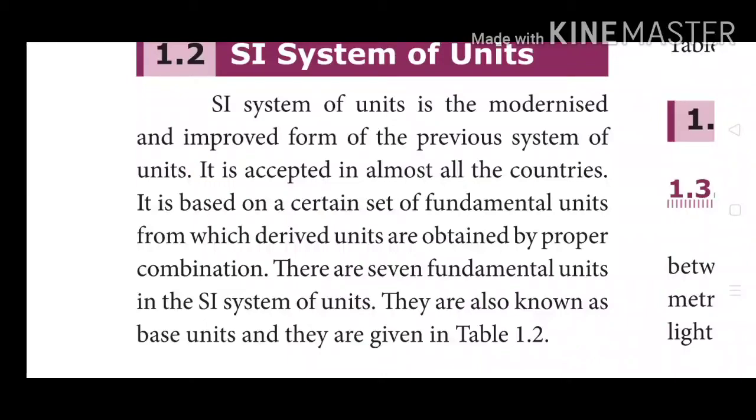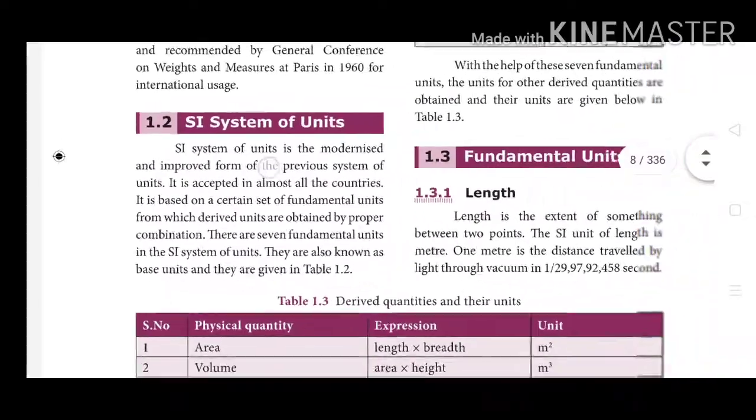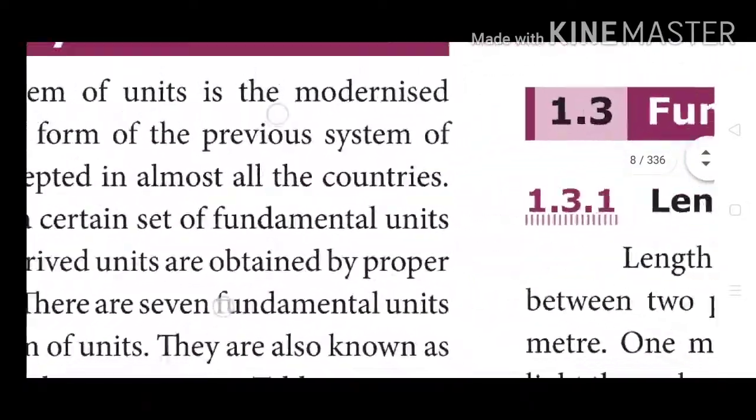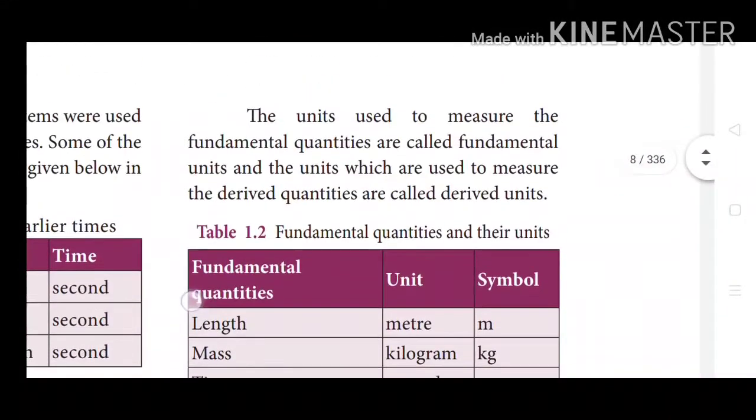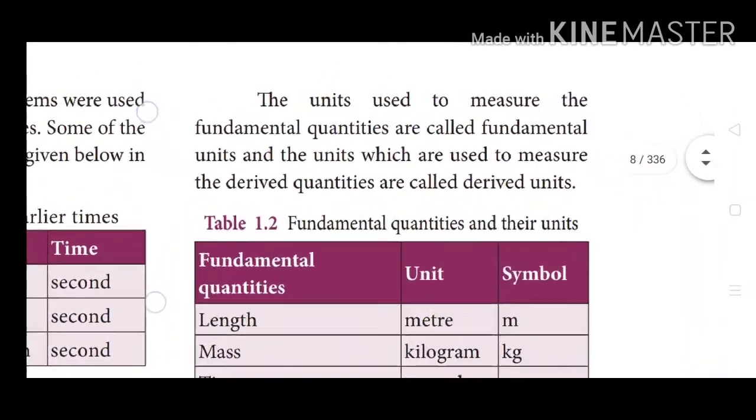This is very important. The quantities, that means the fundamental quantities, are given in table 1.2. Children, see the table very clearly. You can understand what is meant by fundamental quantities.